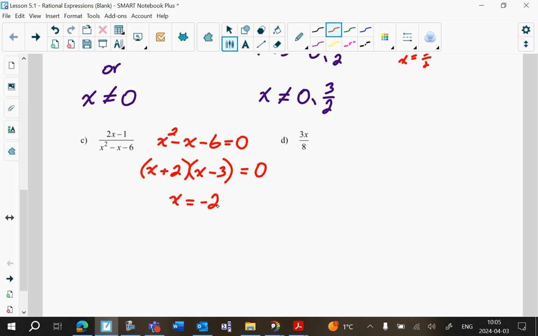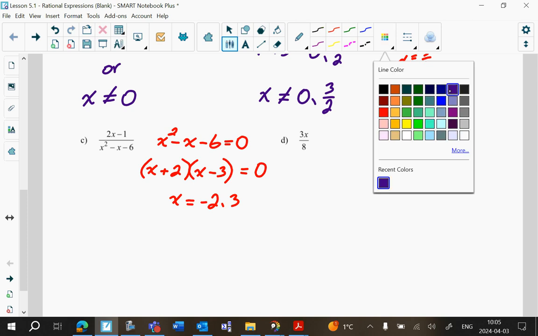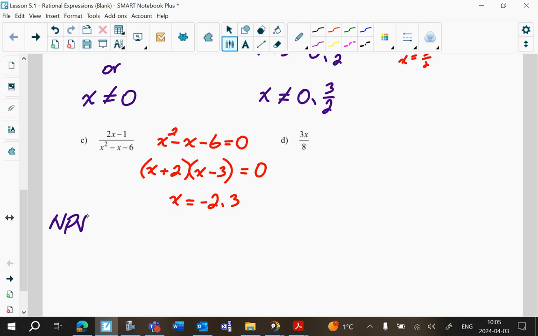Or it could be +3, because that would make the second factor 0. So these are the values that would make the denominator 0. So we would say, again, NPVs equals -2 or 3, or x is not equal to -2, 3.